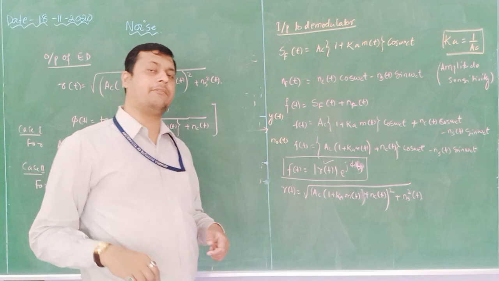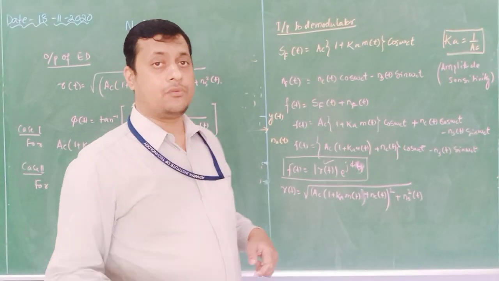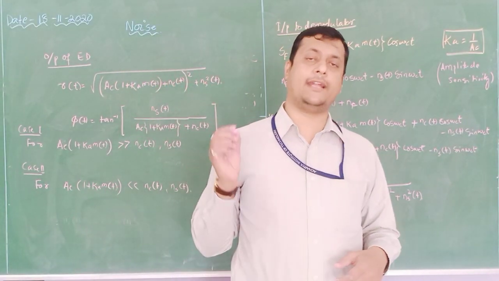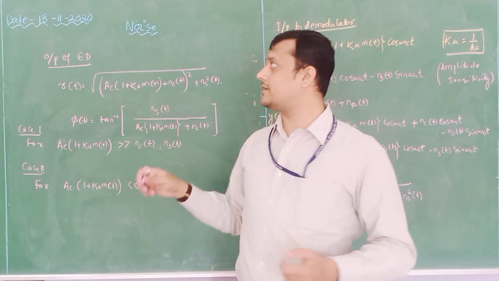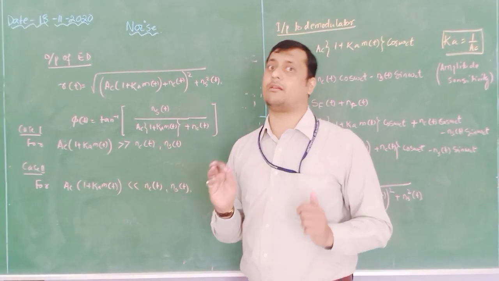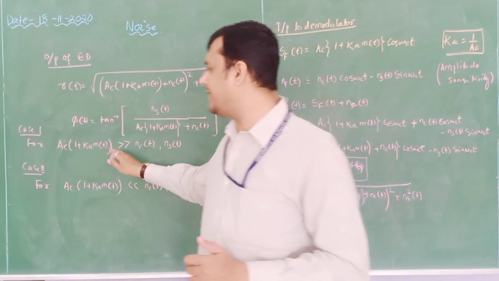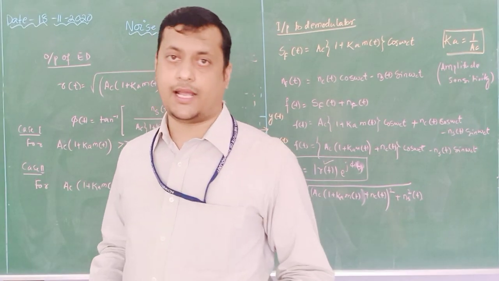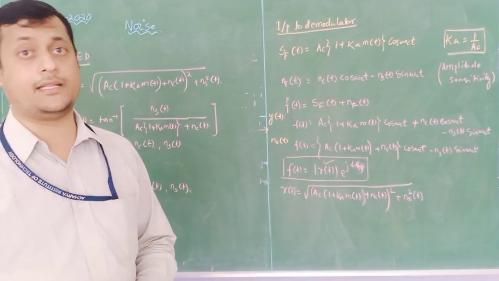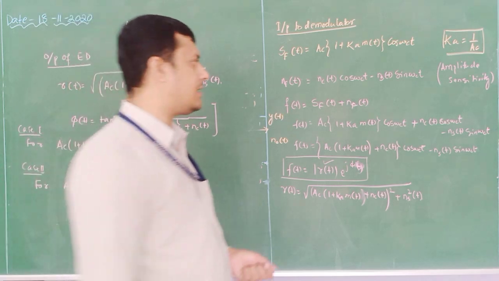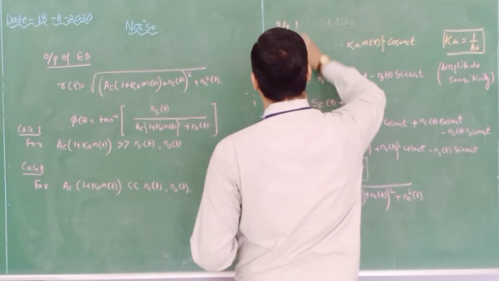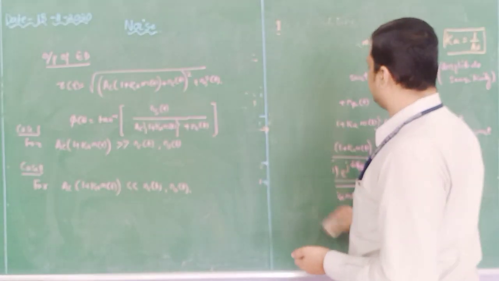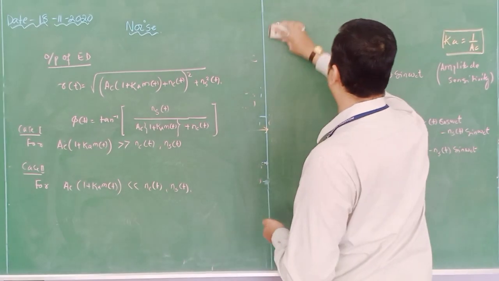This case will justify whether the extraction of the modulating signal is feasible with respect to the envelope detector or not. If this component is high, then what will happen? And if the noise component is high, then what will happen? We will see all those. Okay. So first case we will analyze, then we will go for the second case.